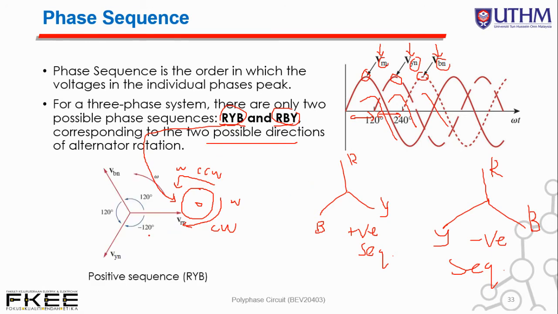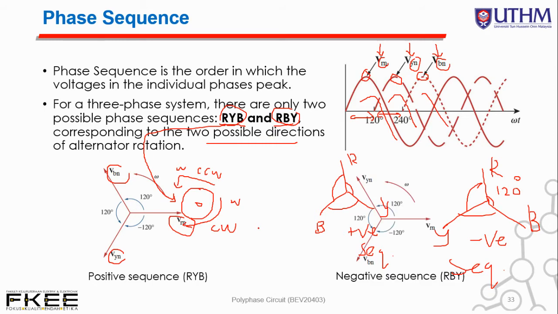So this is more detailed. We have the Rn over here, this is phase Y, and this is phase B, similar to what I have shown over here. So 120 degrees for each angle.